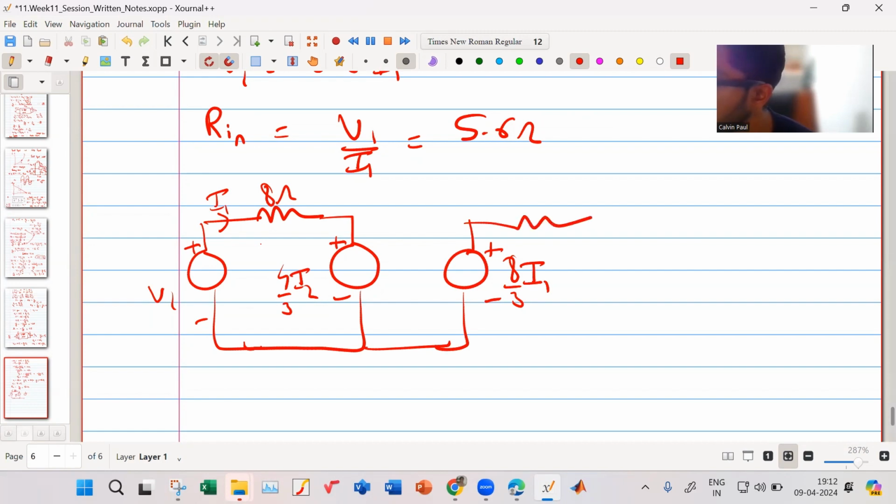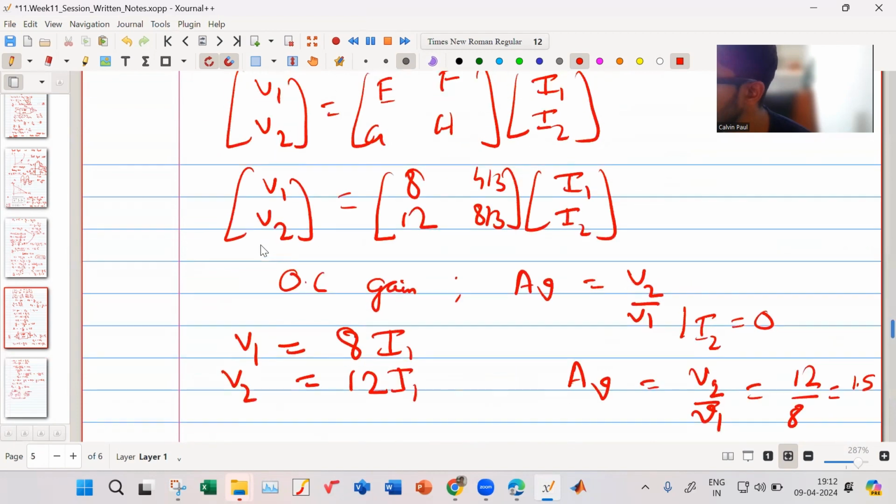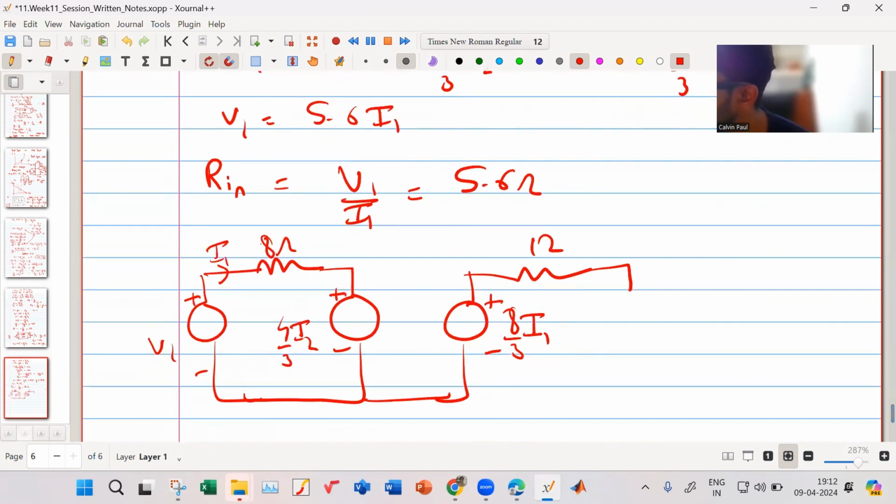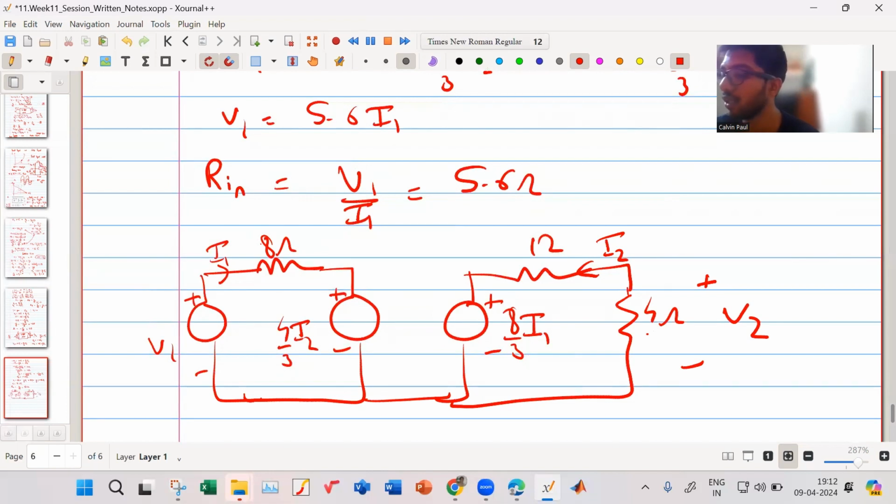And this is your 12, and this is your 4 ohm. This is your I2. This is your plus minus V2. So your 4 ohm comes in series with your 12, and then these are certain complex relations. So it is not simply adding in parallel or something.